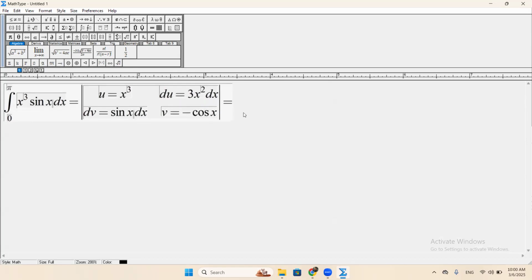So let's integrate by parts. So x cube by cosine of x, with substitutions from 0 to p.